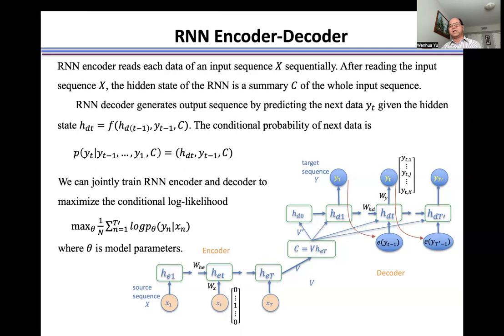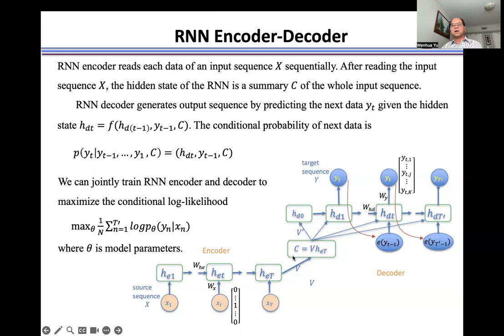This way, when we generate this probability distribution over a corpus, we consider all the input sequence information and all the previous outputs together to accurately predict the current output.